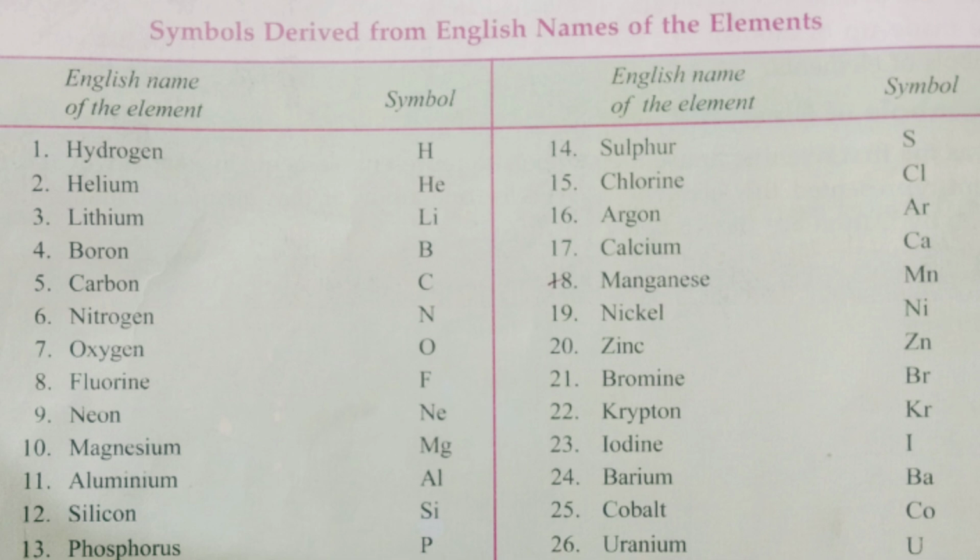But some elements we can represent by using their two letters. For example, helium, lithium, magnesium, neon, sodium, chlorine, argon.